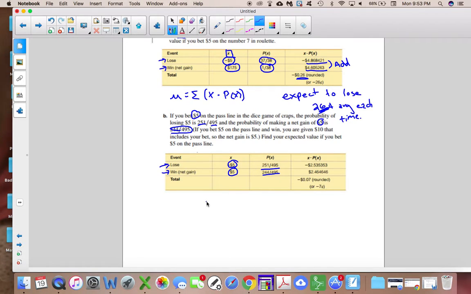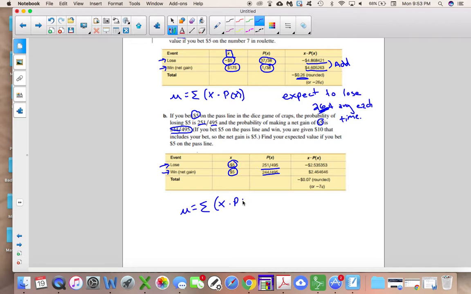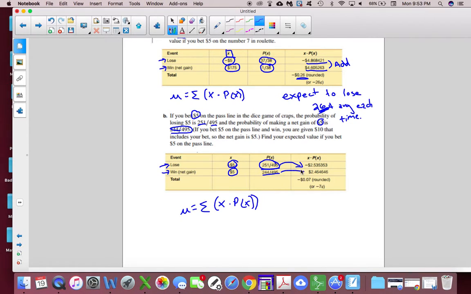And again, I calculate that mu, which is my expected value, is this x times the probability, and I add them both together. So I take these x's times this probability, and I get this, okay? This x times the probability, and I get that, okay?